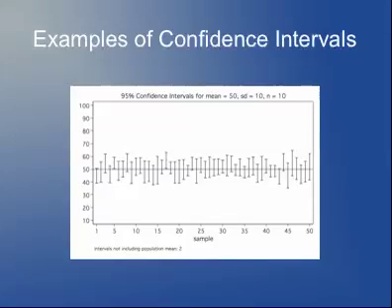And if we do 95% confidence intervals, then 95% of them should contain the mean, 5% or 1 out of 20 shouldn't. The fact that we see 2 that didn't contain the true value of the mean is almost exactly what we expect. And you'll notice that the 2 that don't contain the true value of the mean just barely missed. So the vast majority of the time, if you get unlucky and your 95% confidence interval doesn't contain the true value of the mean, it won't miss by very much.